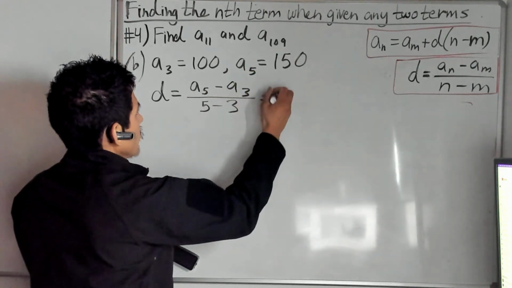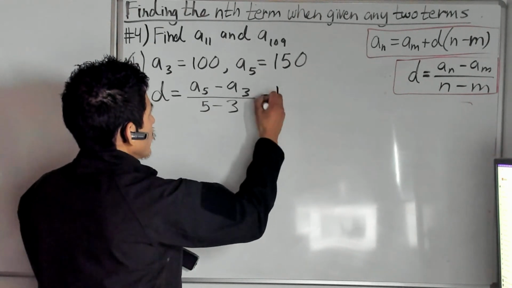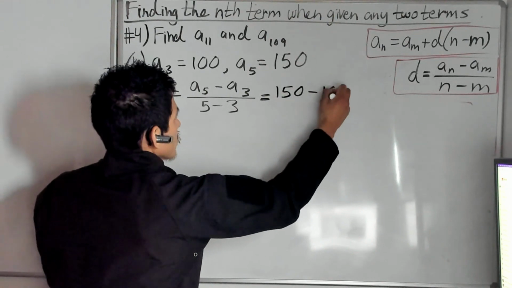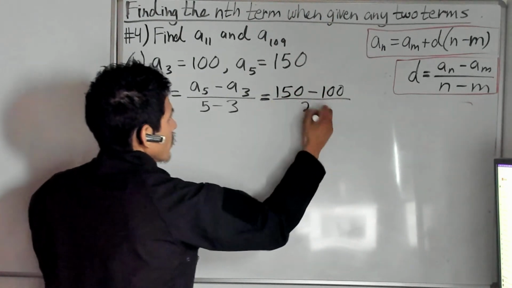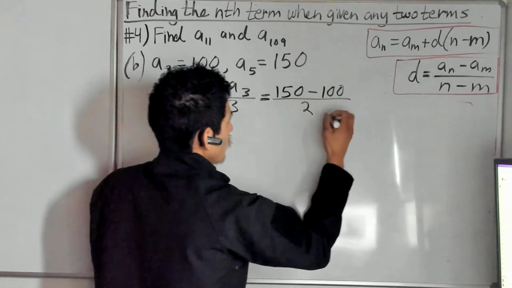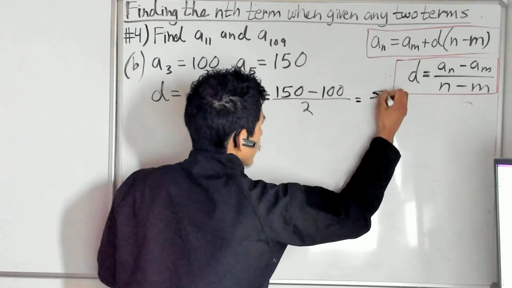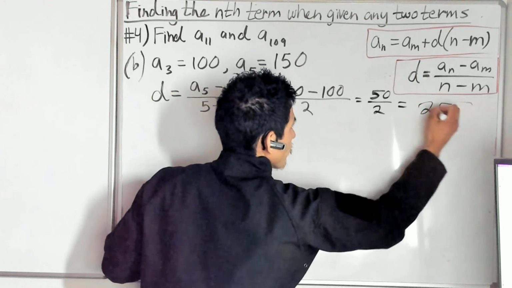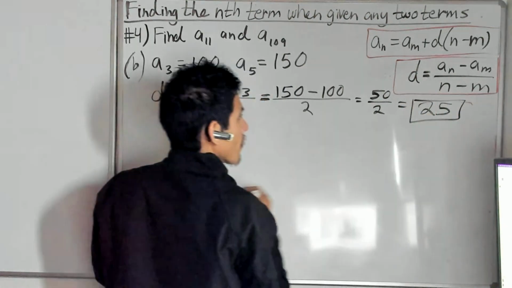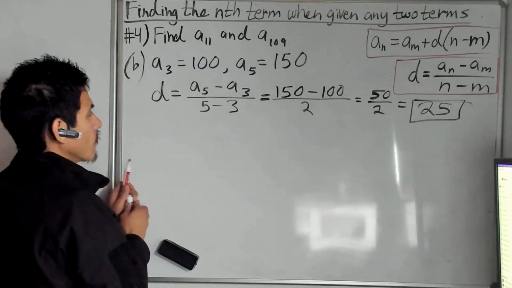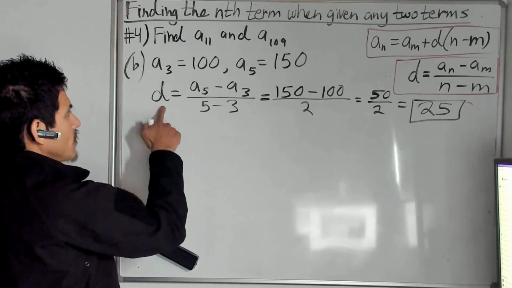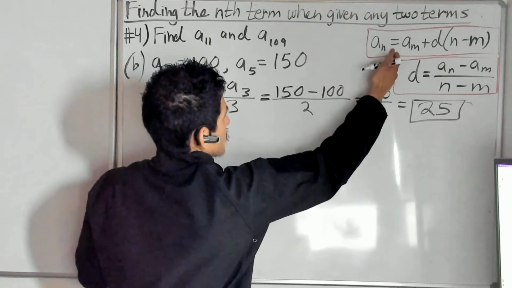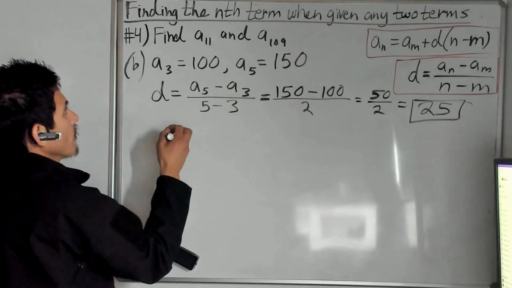And working this through, we'll have 150 minus 100 over 2. So we're going to have 50 over 2, which will be 25. Our common difference now is 25. And then we can go ahead and just use this equation to find A11.